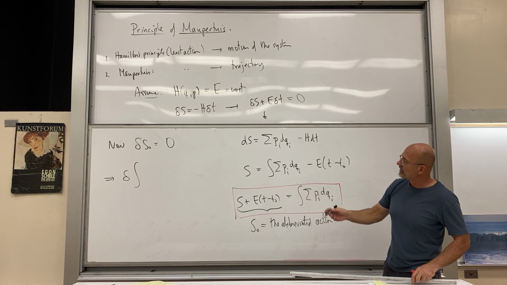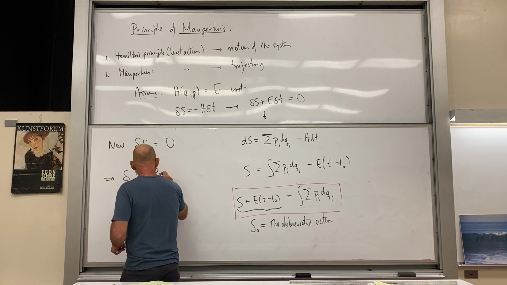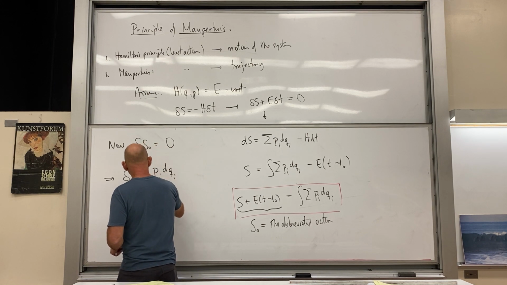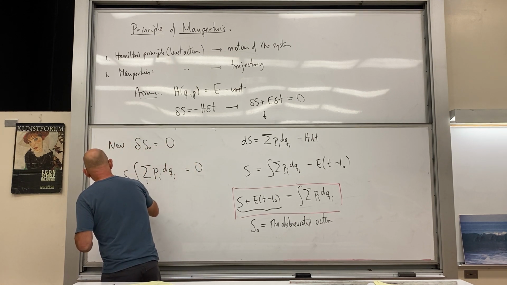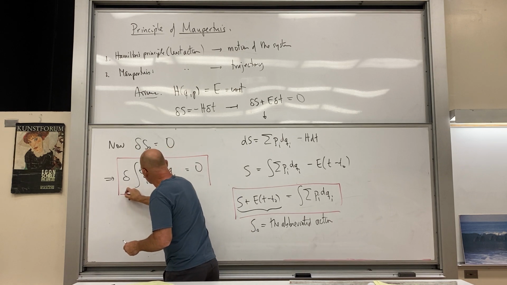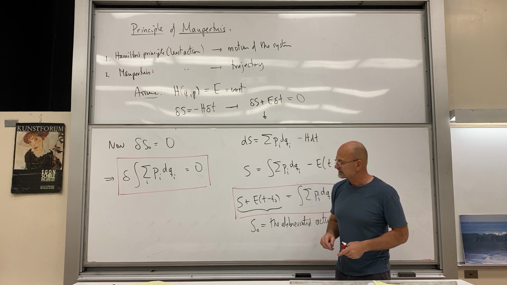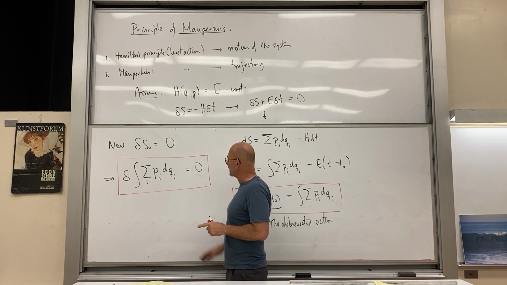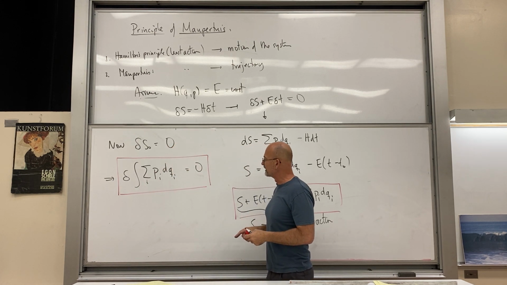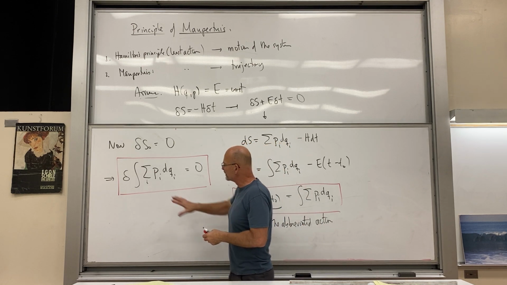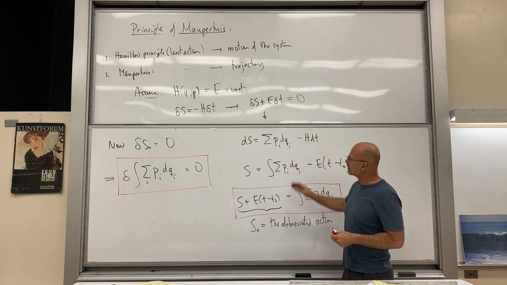So delta S0 is equal to 0, and this is our new principle, the sum of p sub i dq sub i, its variation is equal to 0. Now we have to turn this into something we can calculate with, but this would be the general form of Maupertuis' principle. Not yet to calculate with, but this is the quantity whose variation is going to vanish. And I'm not specifying any boundaries right now yet. This is very general still, just off of these expressions.